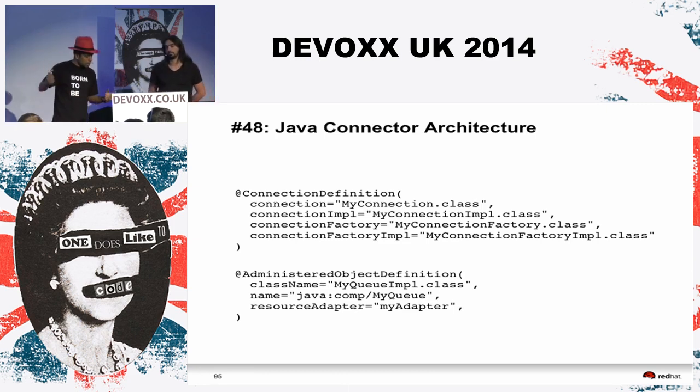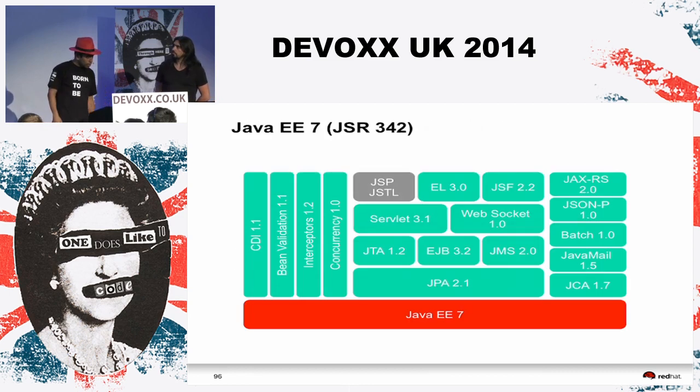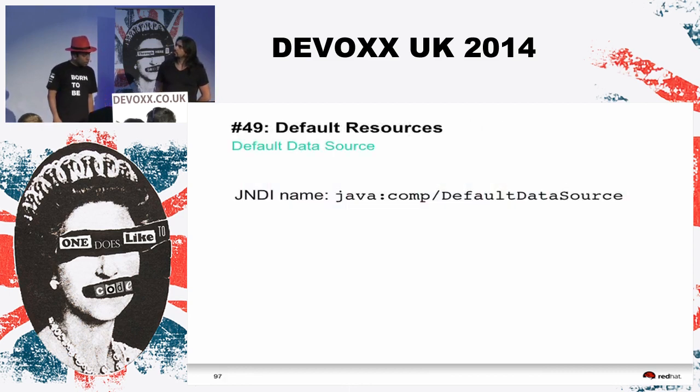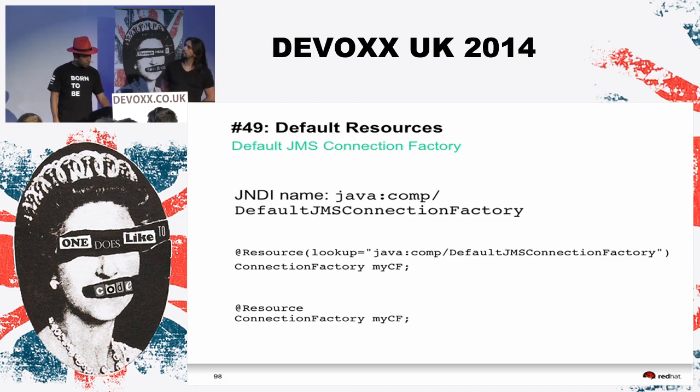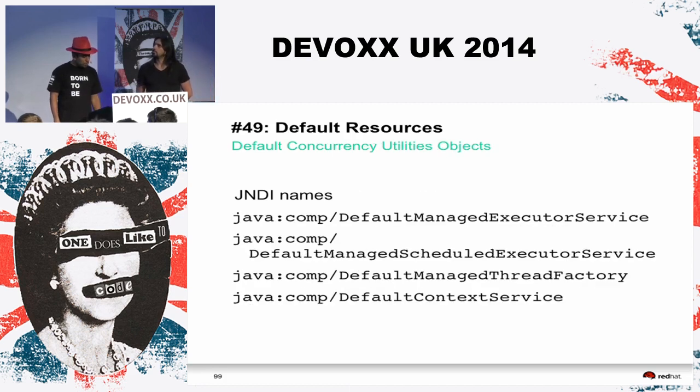And that's the theme for Java connector architecture as well. If you're building a Java EE 7 application, most likely you need a database. So we have a default data source for you now. You can inject it or don't even specify the name, and it defaults to that. Similarly, there's a default connection factory. We also have default concurrency objects.